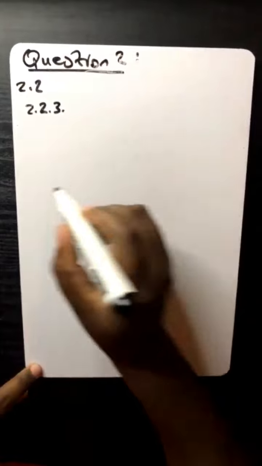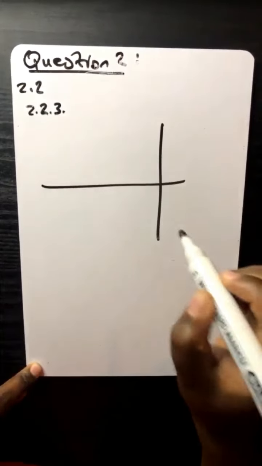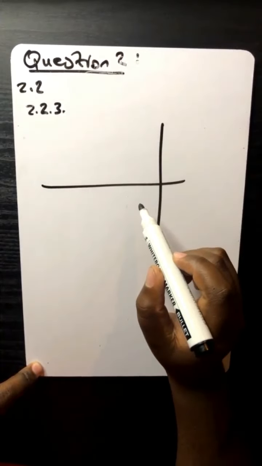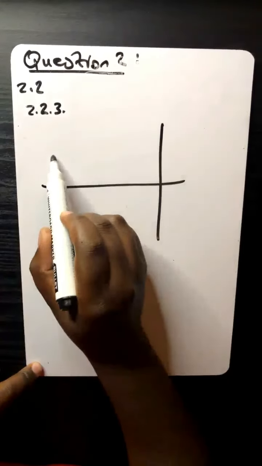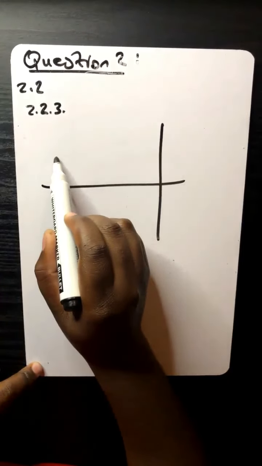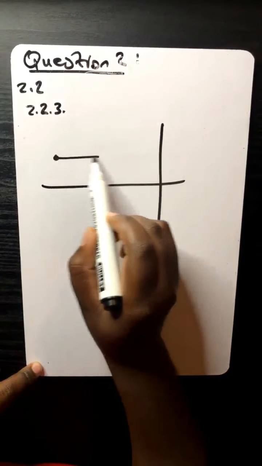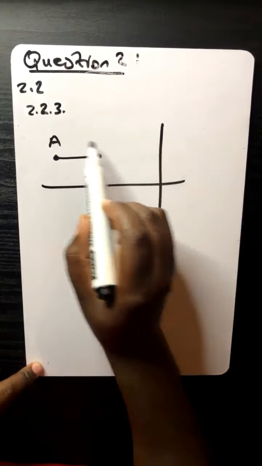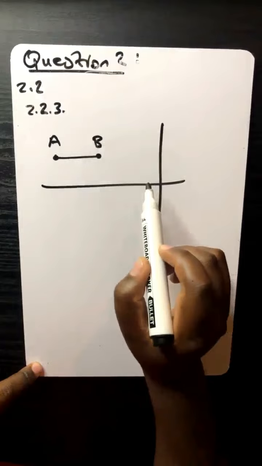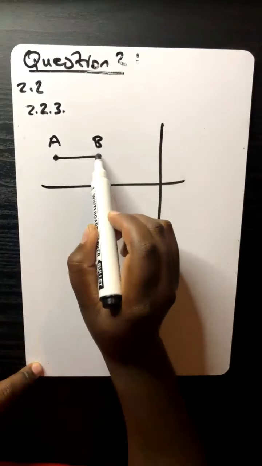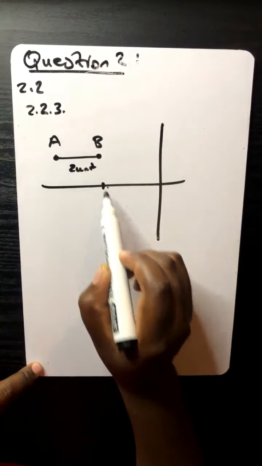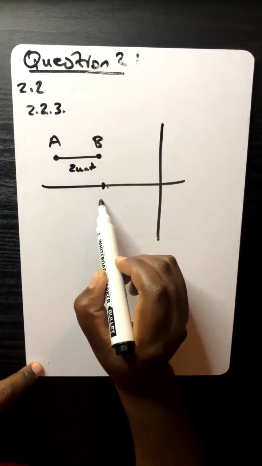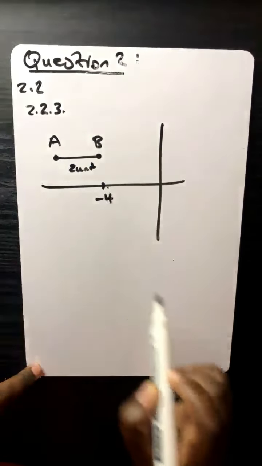So let me just quickly make the last explanation, maybe using a different scenario. Let's say we have another straight line there, this being A and that being B, and they say from there to there is 2 units, and they give that to be, let's say, -4.